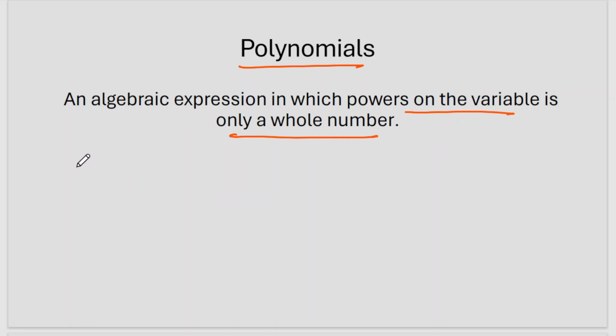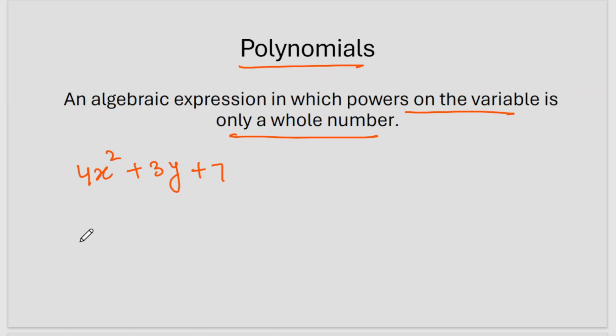Like this. If I ask you, is this an algebraic expression? You will say yes, it is definitely. It has 3 terms, and the terms are separated by the mathematical operator plus. So we can say yes, this is an algebraic expression. Now if somebody asks me, is it a polynomial?